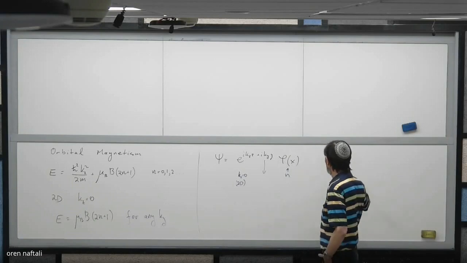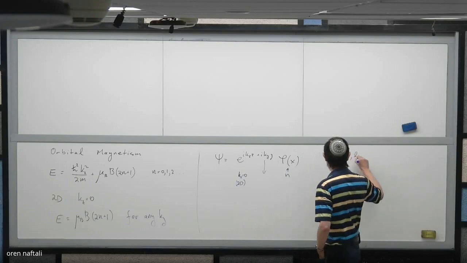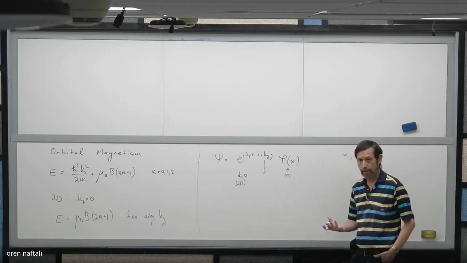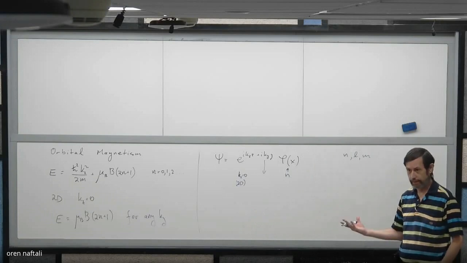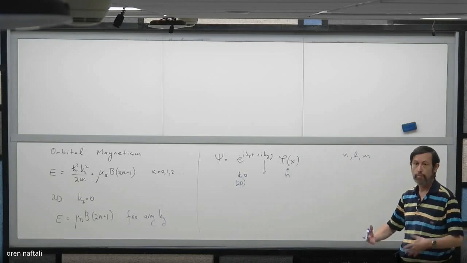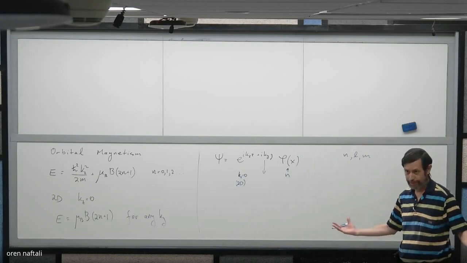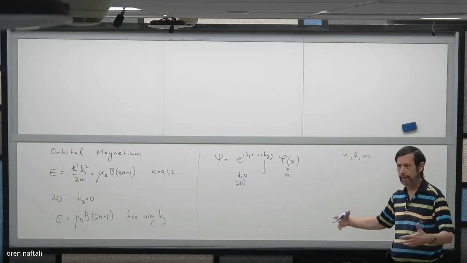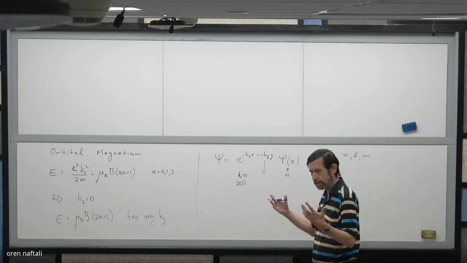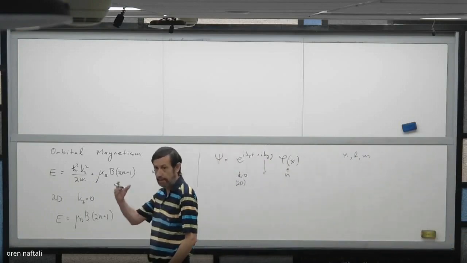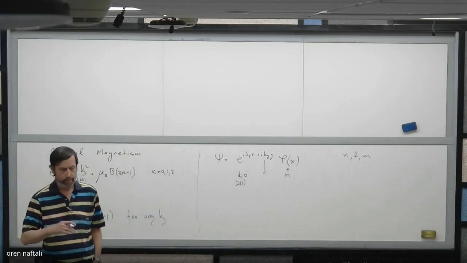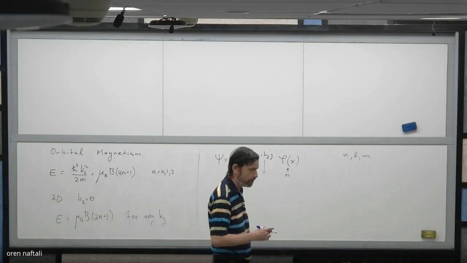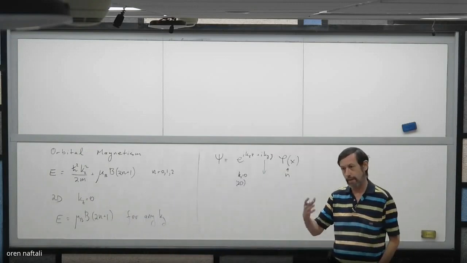Remember, it had n, l, and m as quantum numbers, but the energy depended only on n. What happened with l and m? They were degenerate. Right? Any l and m that fitted with the number n gave the same energy. And you have even calculated the degree of the degeneracy, n squared.